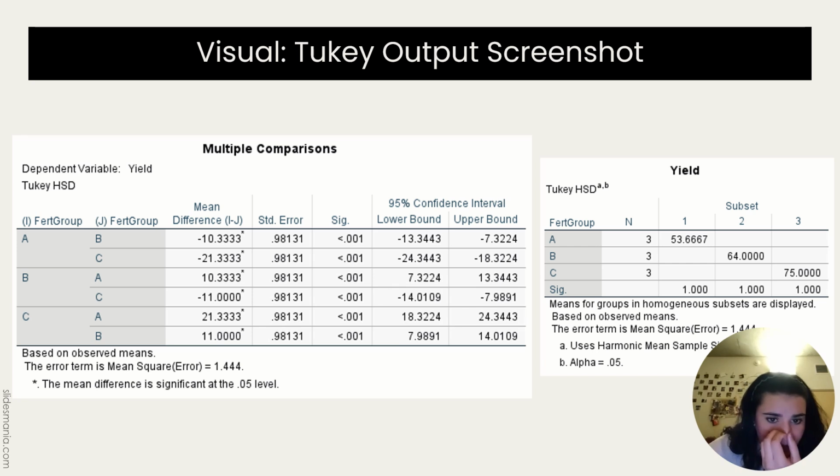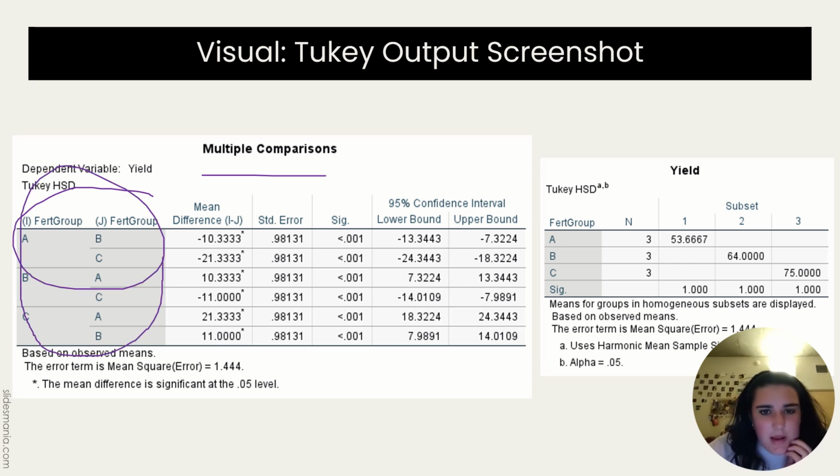So now we're going to look at the visuals of the Tukey output screenshots. We have a multiple comparison table, which might look busy. There's lots of numbers, lots of pairs, but focus your attention on three things. Those are going to be the groups that are being compared, which are the groups here and here.